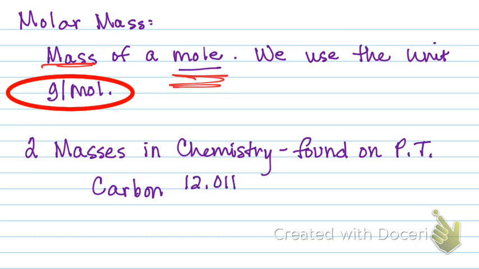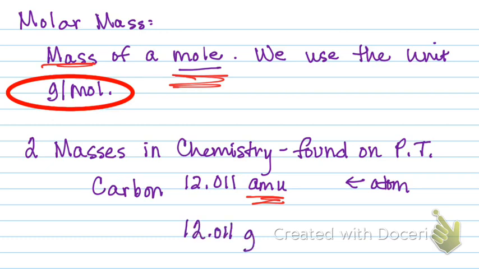And if we're talking about an atom, what unit do we use for an atom? So 12.011 is the mass that's listed on the periodic table. If we're talking about an atom, we use the unit AMU. AMU stands for atomic mass unit, right? So that's why it's AMU. Makes sense.